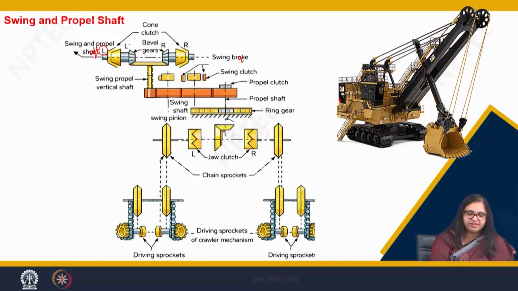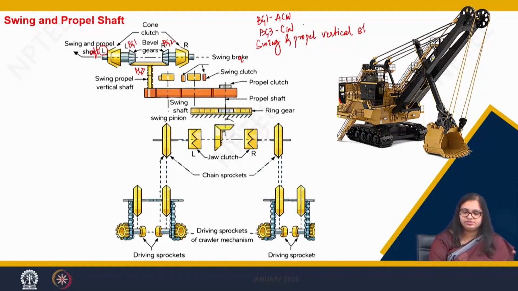The left bevel gear, this is BG1, BG2 and BG3. BG1 would rotate in anti-clockwise direction, then BG3 will rotate in clockwise direction. So, the swing and propel vertical shaft would rotate in clockwise direction.